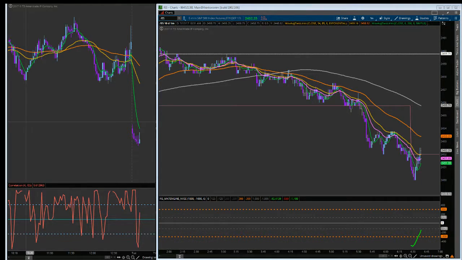Looking at the profile, we're definitely below a range on the profile from yesterday.